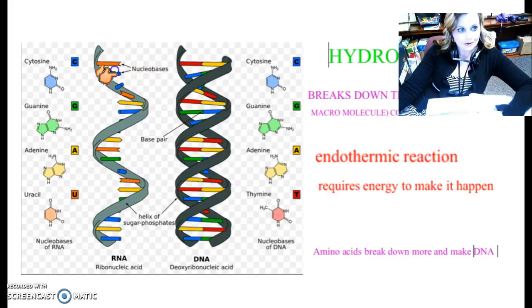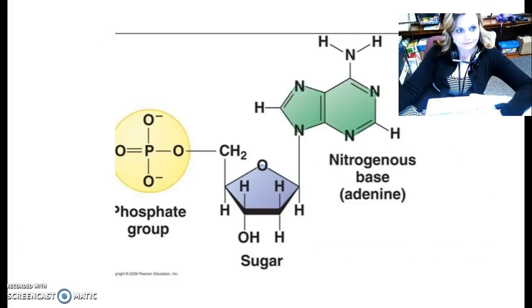And then these little, almost rungs on a ladder. Sometimes DNA is referred to as the twisted ladder. Those are known as nitrogenous bases. They say nucleobases here. We'll talk a little bit more about that in the next slide.